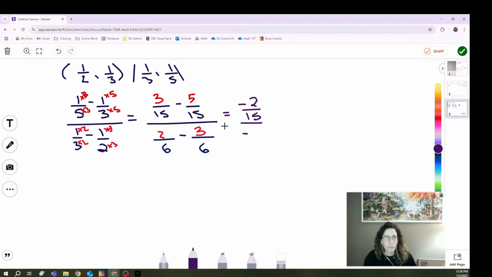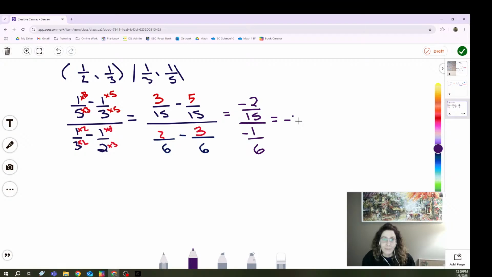Now, because we've got a fraction that's being divided by another fraction, do we ever divide fractions by fractions? We don't. What do we do instead? We multiply. So we keep the first fraction. This is the keep, change, flip. We keep the first fraction.